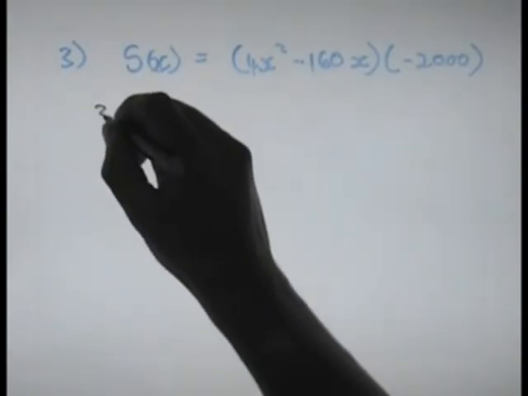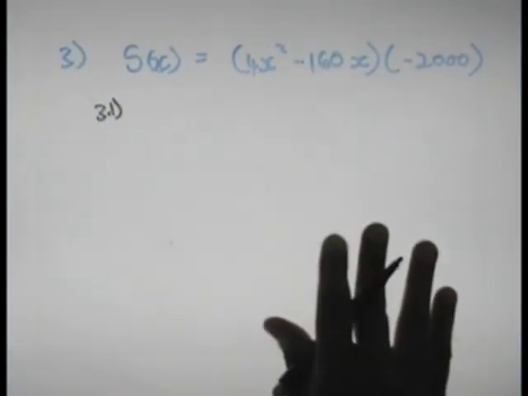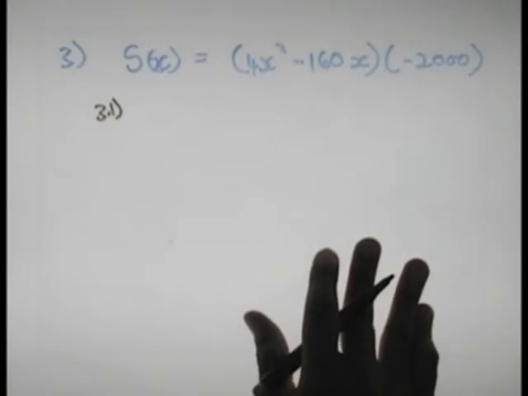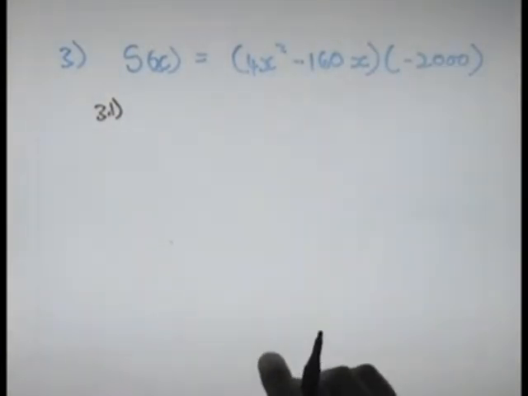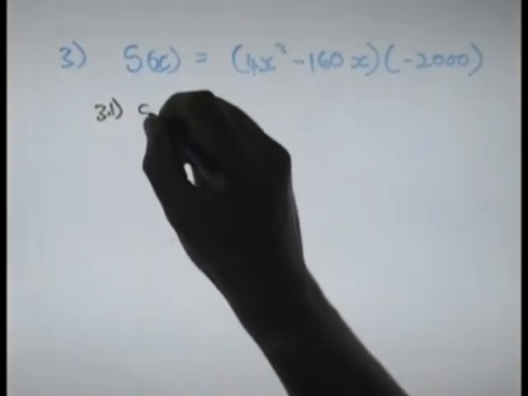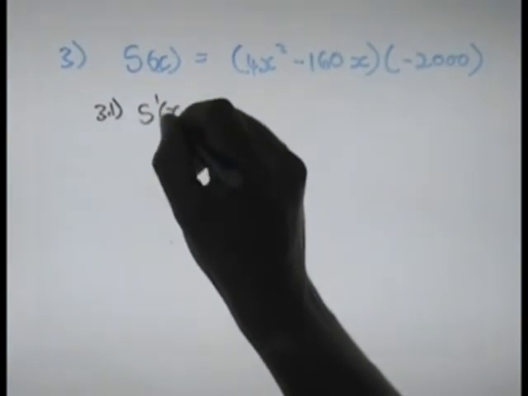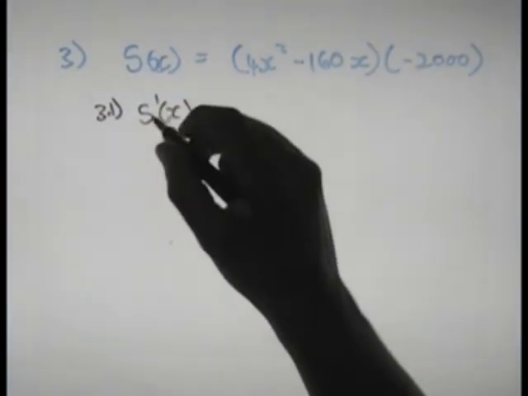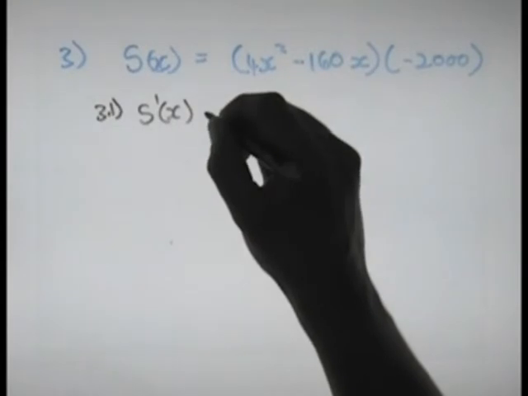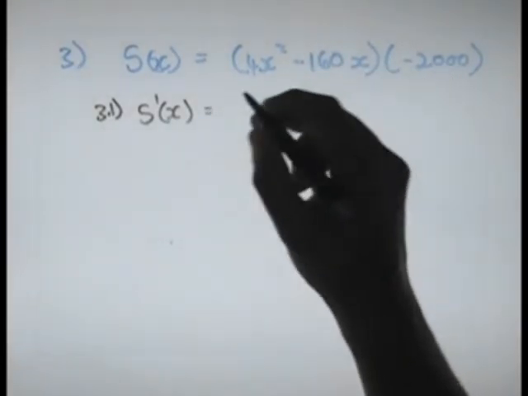So 3.1, maximum amount of shoppers are going to be given by the optimum amount of stores. Optimum amount of stores are given by S dash x, or the gradient of S of x is equal to 0.